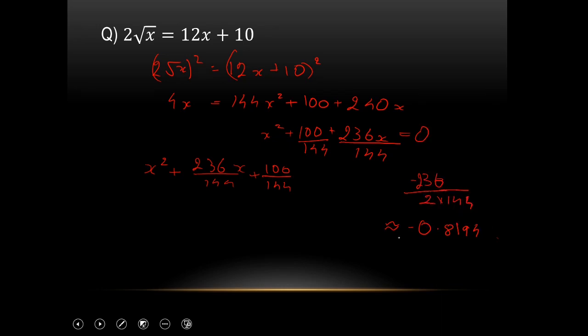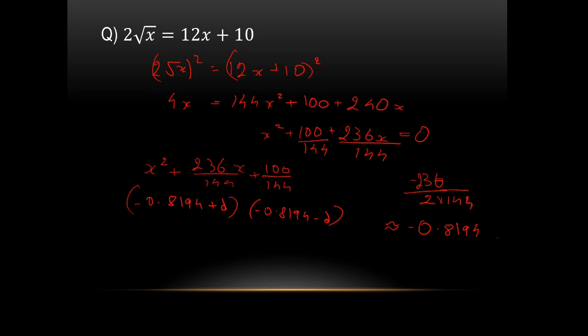We can approximately keep it as minus 0.8194. So the two roots will be minus 0.8194 plus d and minus 0.8194 minus d. So these two will be our two roots.